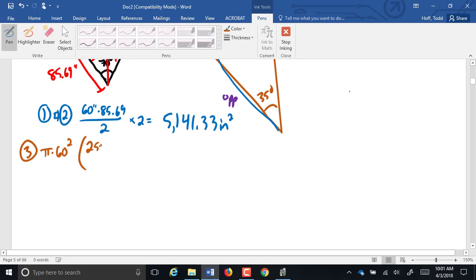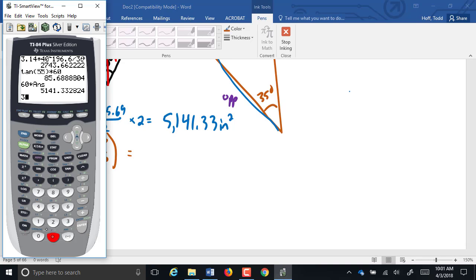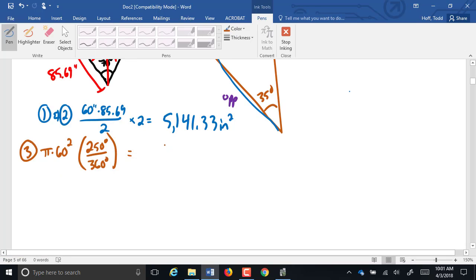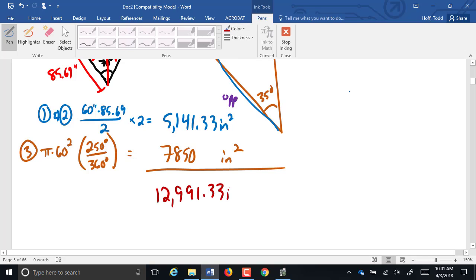So that'd be 250 degrees over 360 degrees. So 3.14 times 60 squared times 250 over 360 is 7,850. We add those up, we get a total of 12,991.33 inches squared.